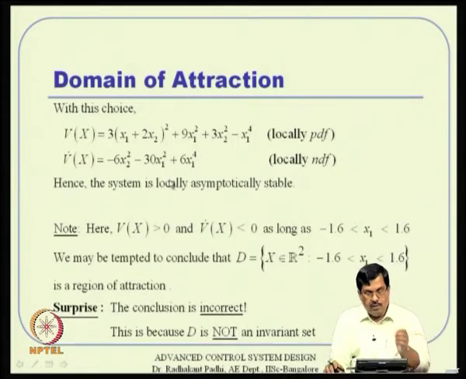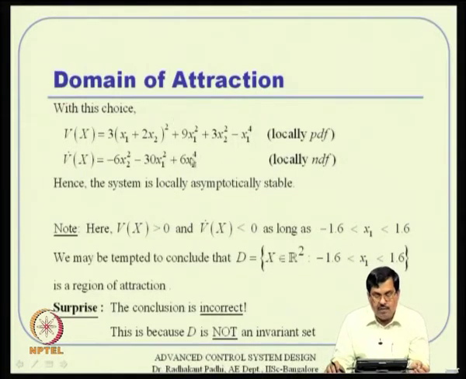Now the question begins: let us analyze a little further and see when this condition is universally true. So, V of x is greater than 0 and V dot is less than 0 as long as x1 satisfies this condition. Remember, the trouble making things are x1 only. Everything is positive, positive, positive here, only minus x1 fourth.